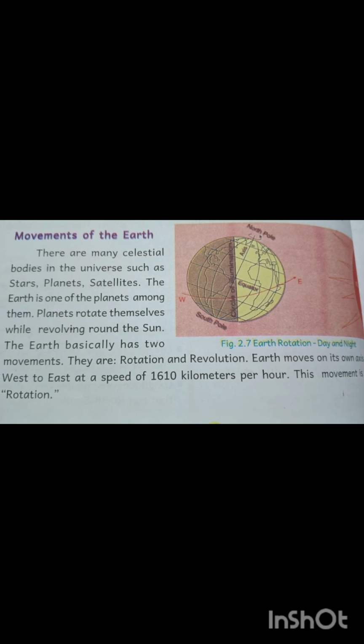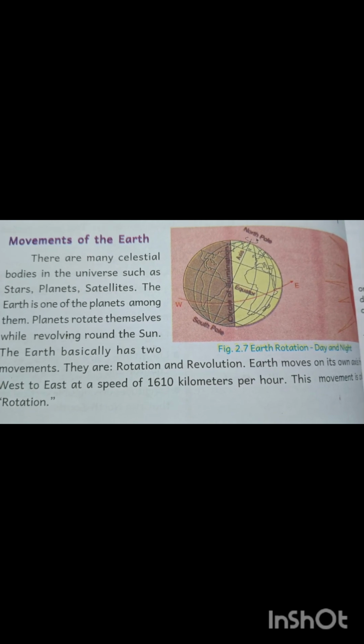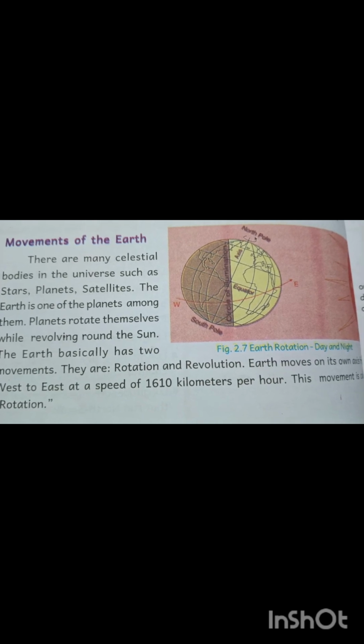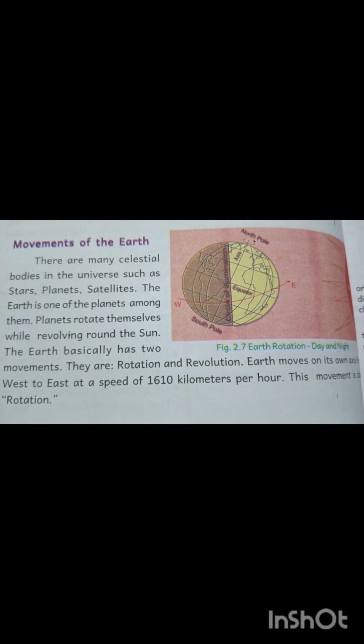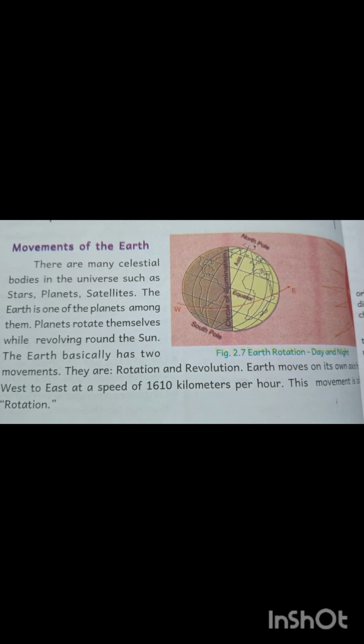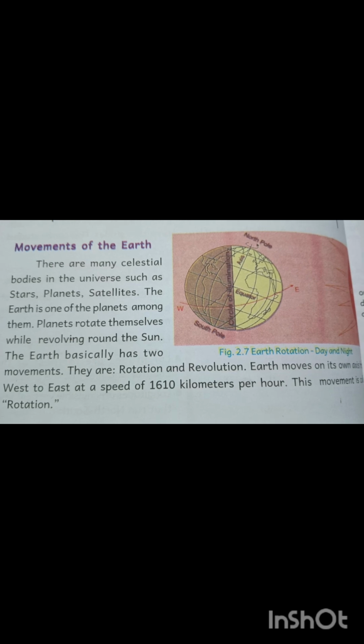Movements of the earth. There are many celestial bodies in the universe, such as stars, planets, satellites. The earth is one of the planets among them. Planets rotate themselves while revolving around the sun. The earth basically has two movements.